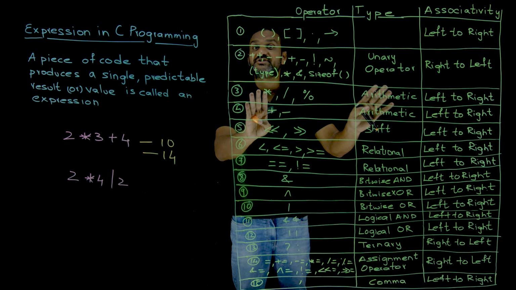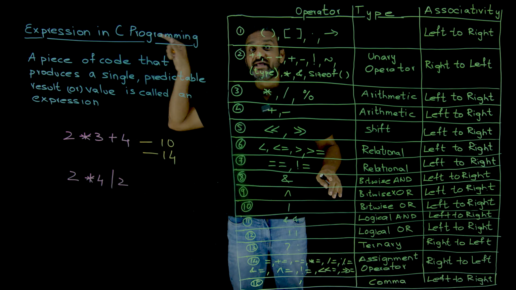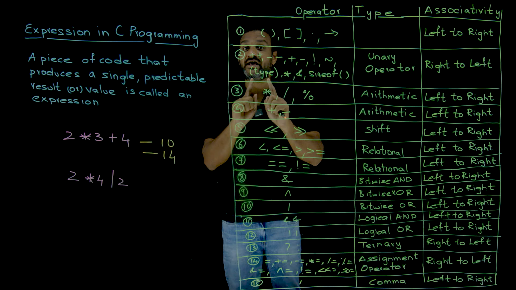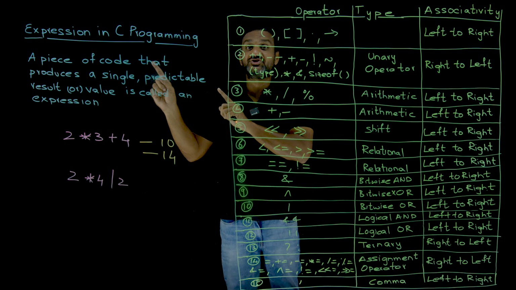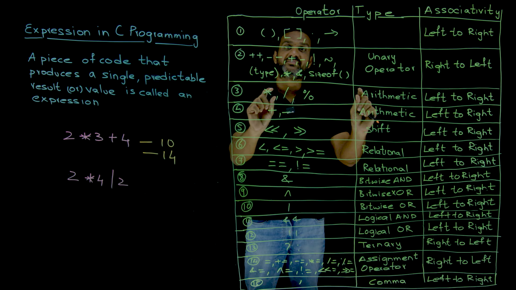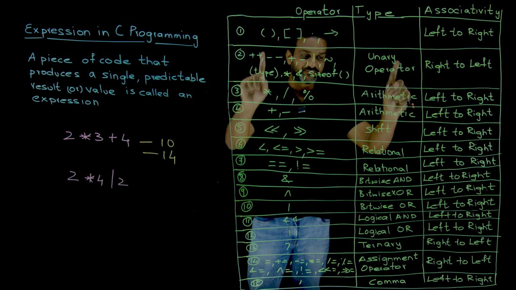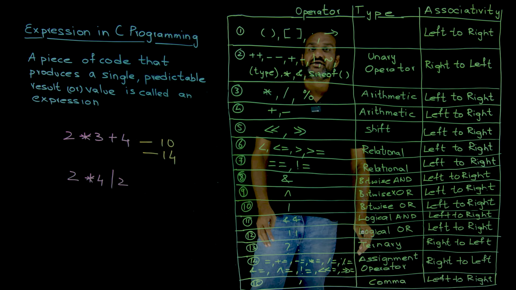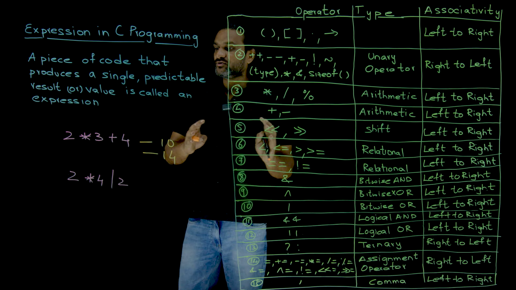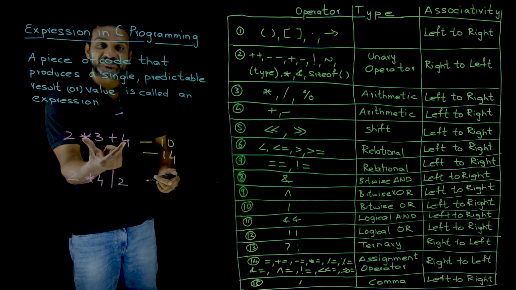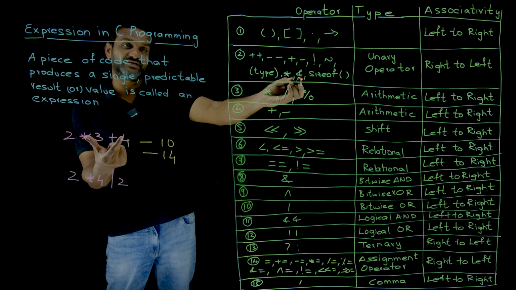If you are not aware of this table, the evaluation of those expressions will go wrong and your final answer will be affected. So remember this entire table from top to bottom, all these 3 columns and 15 rows.